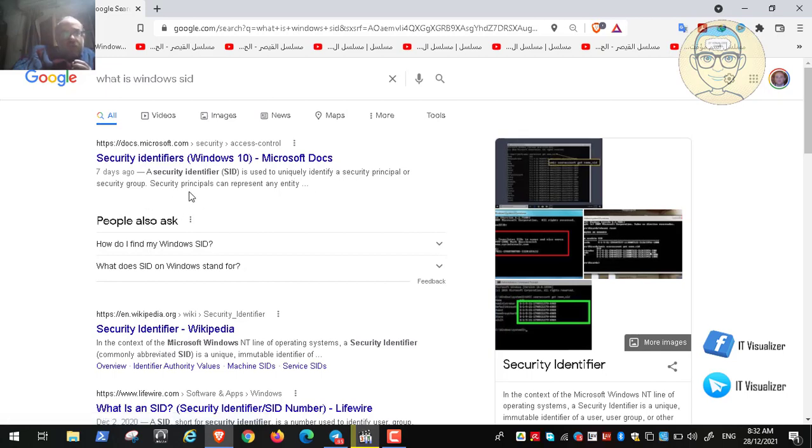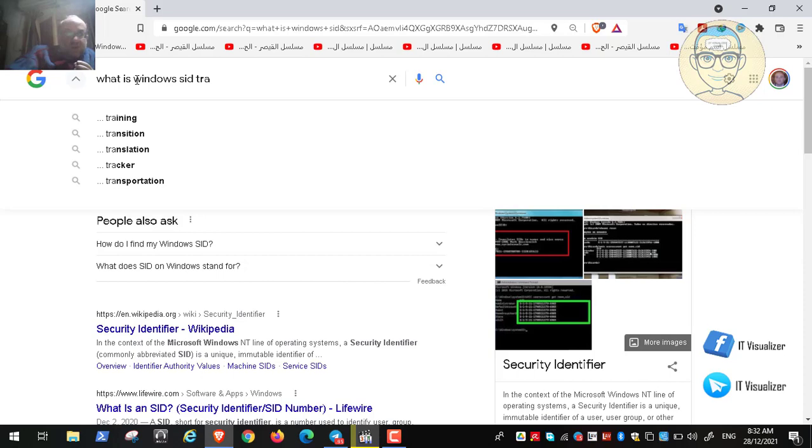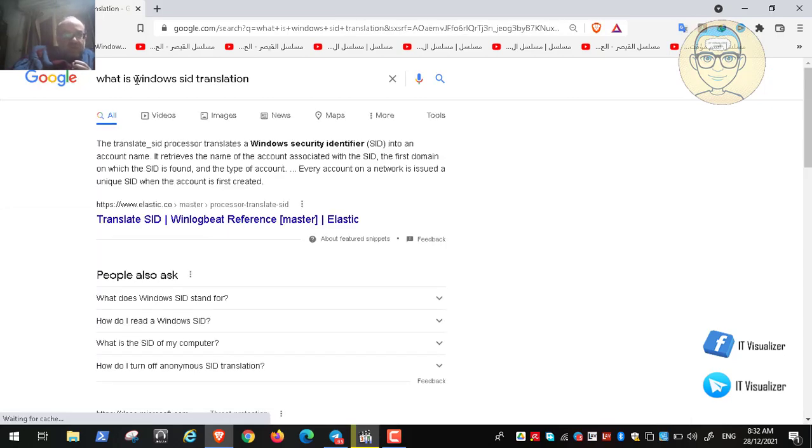So this is a number to verify a user or a group or a computer. So what do we mean by SID translation? The translation translates a Windows SID into an account name.